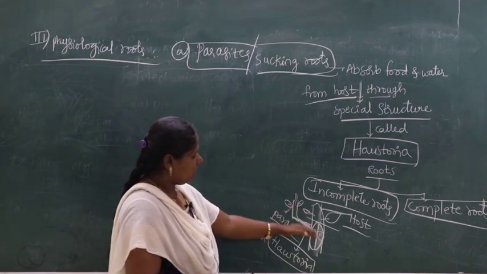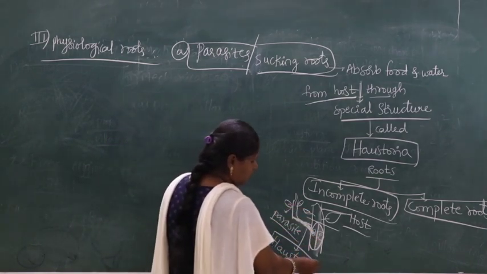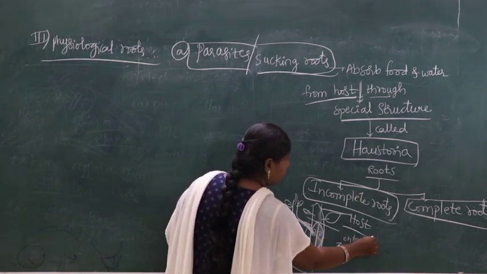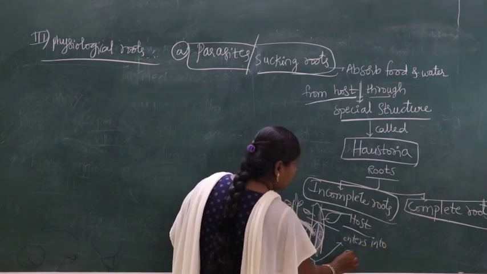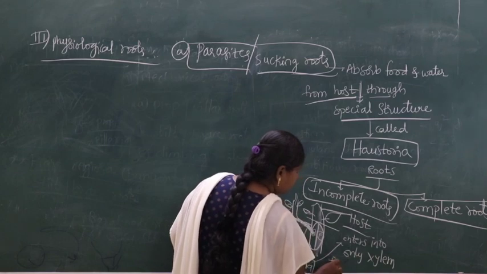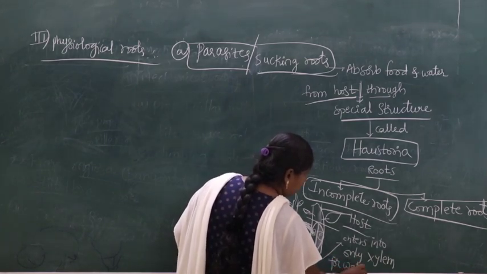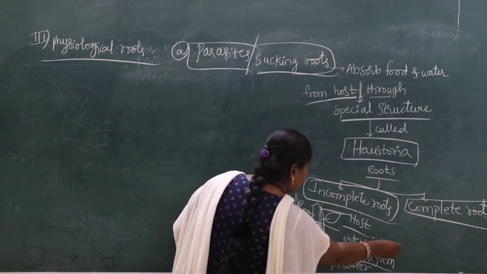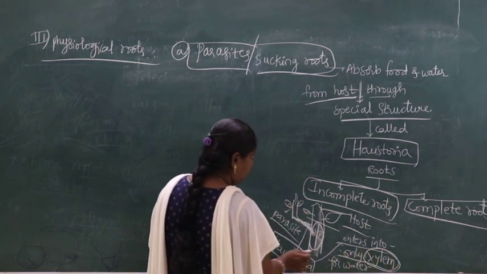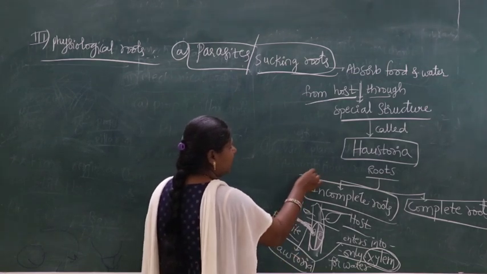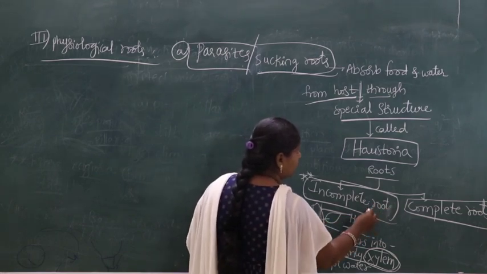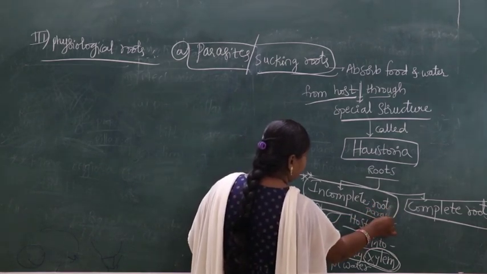If this haustoria enters only into xylem for water, xylem is important, then it is called an incomplete parasite or root parasite. It is called incomplete root parasite.